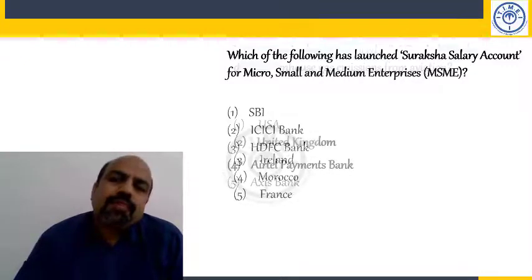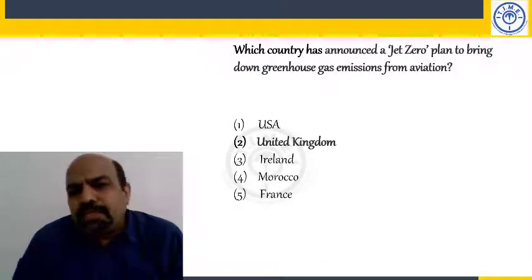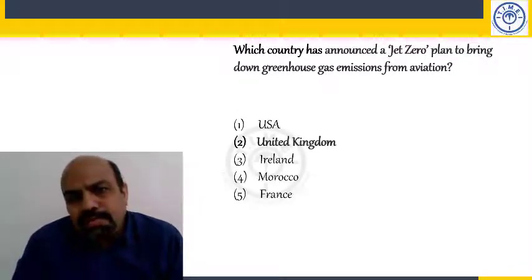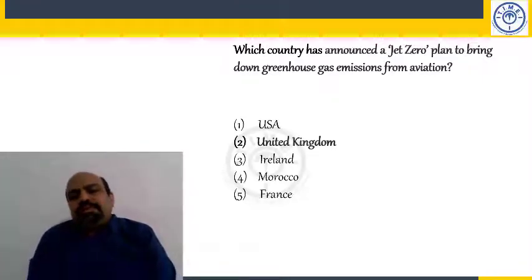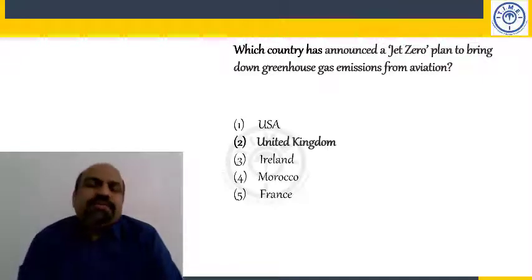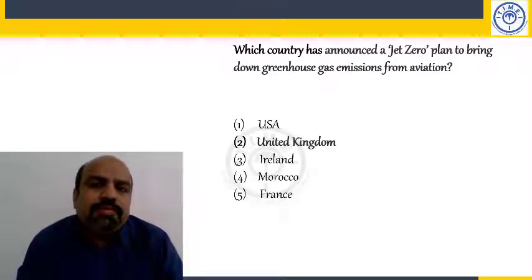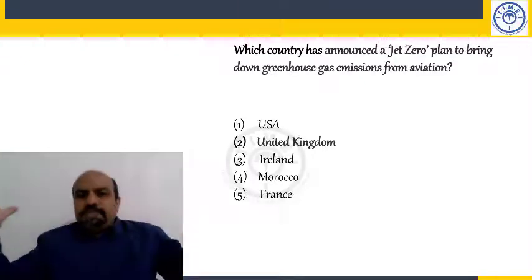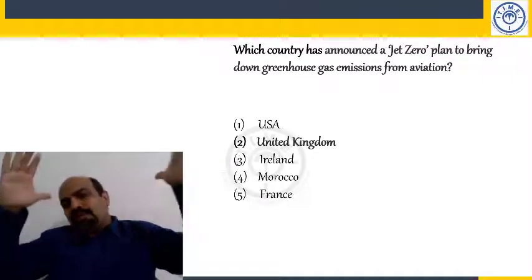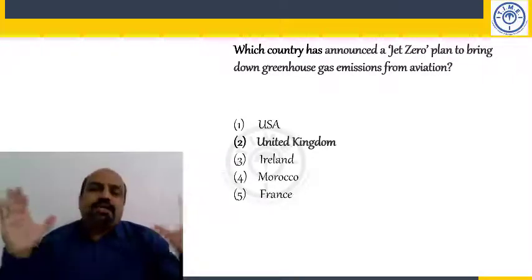Next. Which country has announced its plan to bring down greenhouse gas emissions from aviation? United Kingdom. What is this plan? See, United Kingdom has said that by 2030 we'll have zero emission from transatlantic flights. Transatlantic means flights between countries on either side of the Atlantic Ocean.